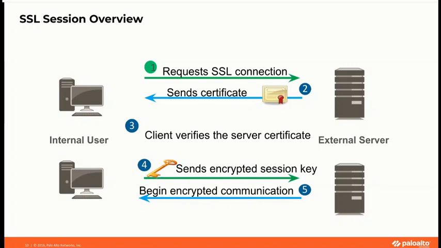You can see that here the SSL session flows like this: a client requests an SSL connection, the server responds with an SSL certificate, the client validates that server certificate, and if the certificate is valid, the client uses the key to encrypt. And at number 5, you see that at that point, both sides of the communication have the same symmetric key and can begin sending the bulk data over their new secure channel.